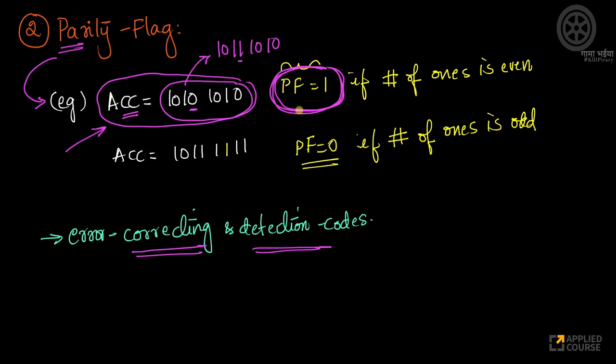So the parity flag is used to detect if there is any error, or any corruption, or any modification to the accumulator data without updating the parity flag. Again, this is one of the simplest forms of error detection. Error detection is a very, very interesting area that many electronics, mathematics and computer science students study.